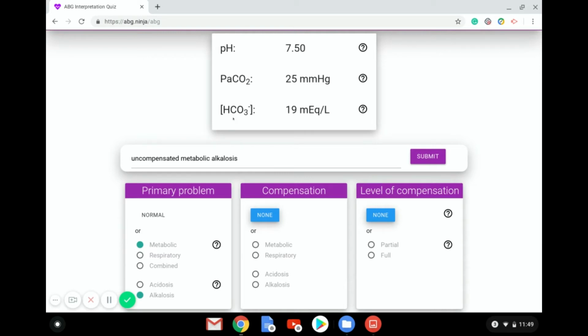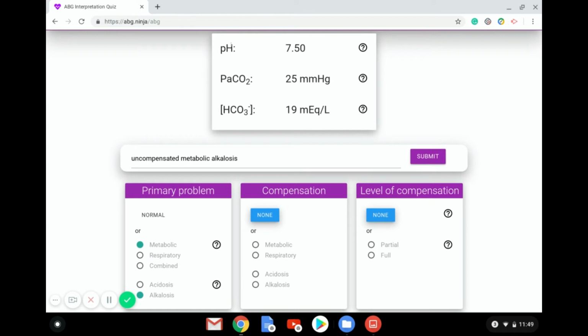And then we look at the next one, which is the concentration of bicarbonate ion. That concentration is 19 milliequivalents per liter, right? If you remember, it should be between 22 and 26 milliequivalents per liter. So that arrow is also down because it's below the required value, right?